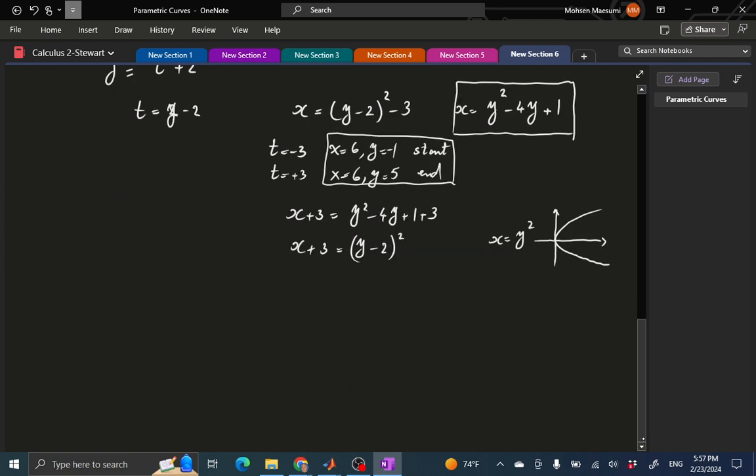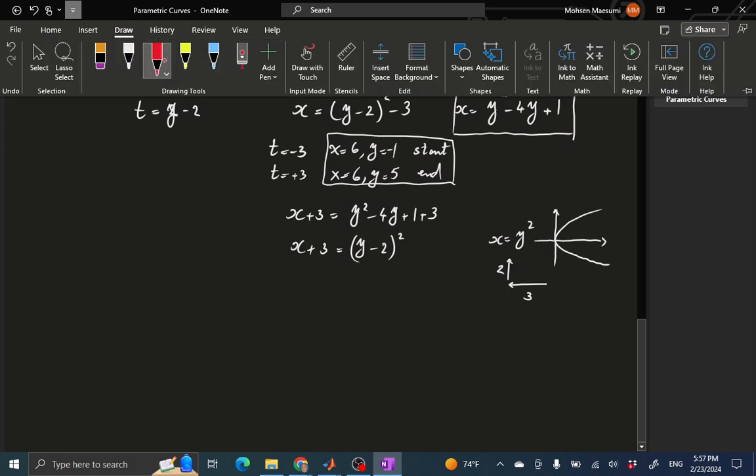When you replace x by x plus 3, it means your picture is going to move left by 3. When you replace y by y minus 2, it means your picture is going to move up by 2. So what we have to do is to take this picture, push it to the left by 3 units and push it up by 2 units, and that's going to be our new picture.